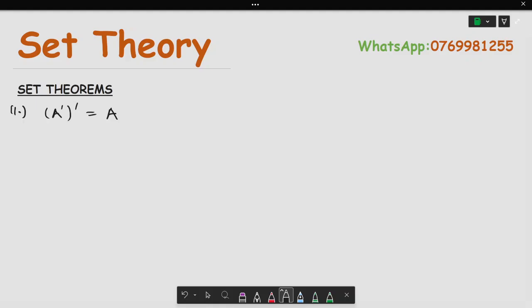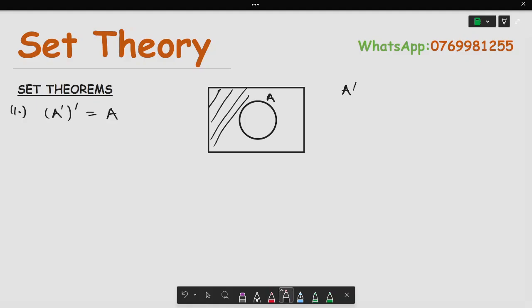How does this come about, or how is this true? Let's say you have a Venn diagram like this, or a universal set, and you have a set in there which we are calling set A. If you take the complement of set A, what you remain with, if we are shading, is this part.